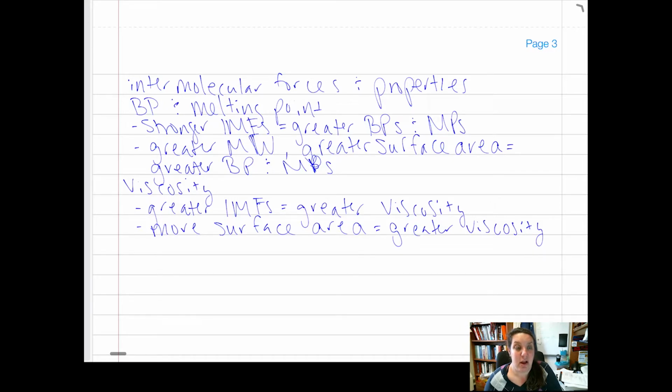Next, we think about surface tension. This is when your surface has an elastic tendency. It's because the surface of the substance is smaller, because intermolecular forces are pulling those molecules in.